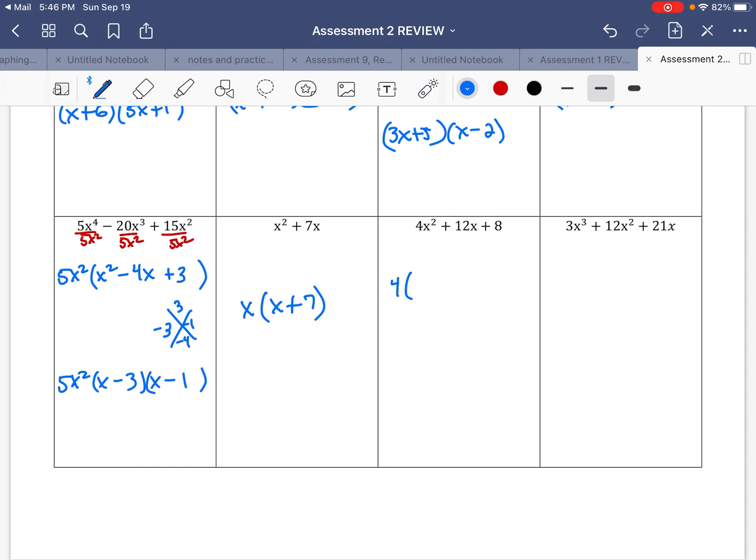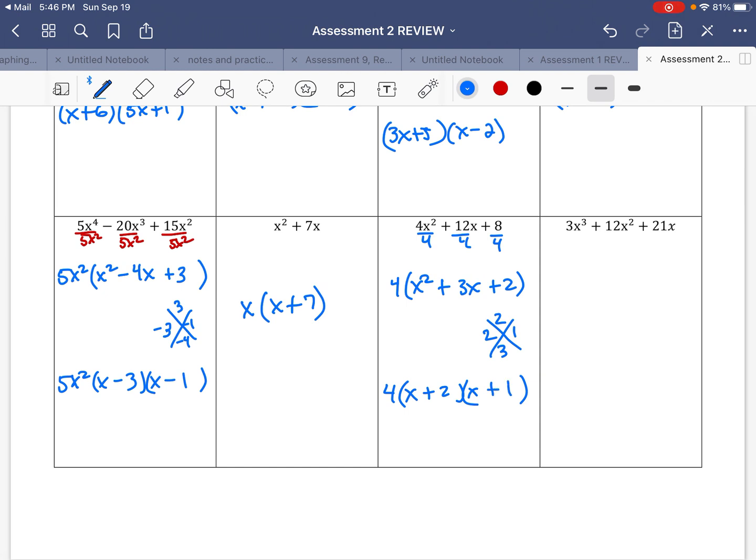So pull a 4 out, which leaves me with x squared plus 3x plus 2, right? Everything divides by 4. Okay, so then I would do my puzzle, put a 2 and a 3. So use a 2 and a 1 to multiply to 2 and add up to 3. So I have a 4, and I'd have an x plus 2 and an x plus 1.